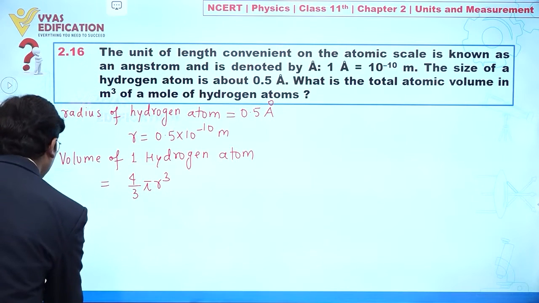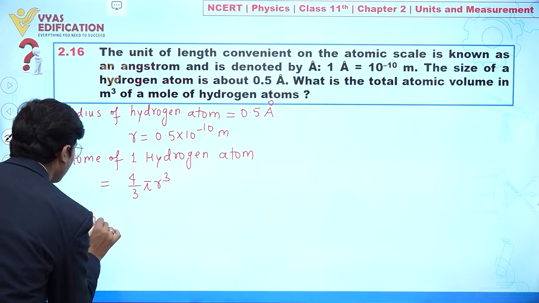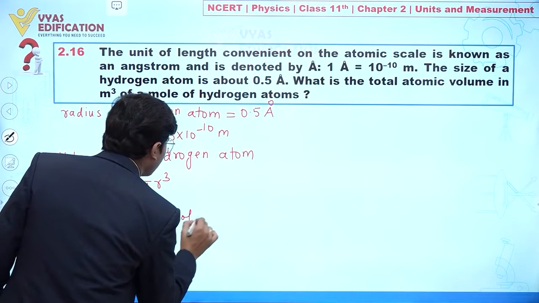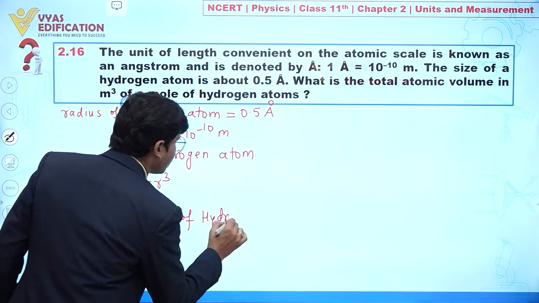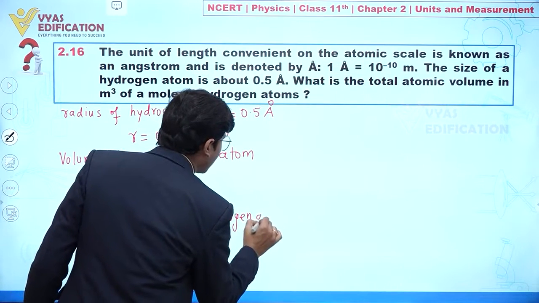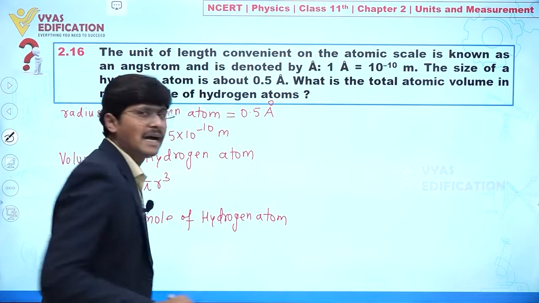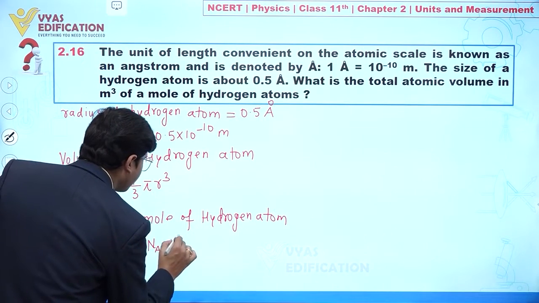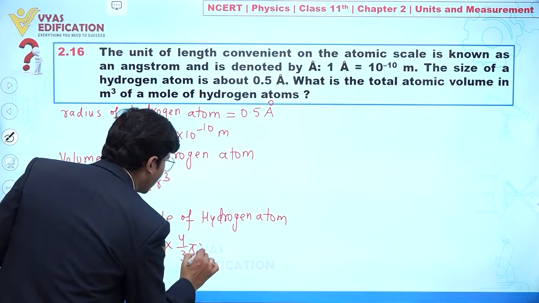So can we find the volume of 1 mole of hydrogen atoms? It equals Na multiplied by 4 by 3 pi r cube.